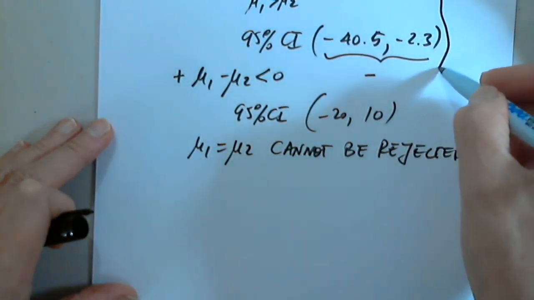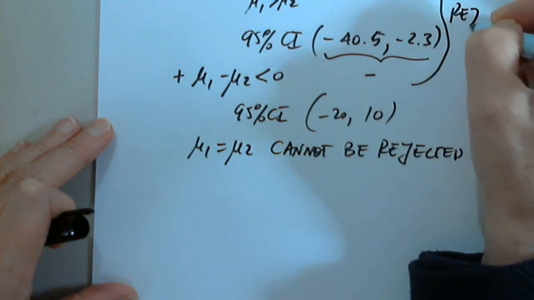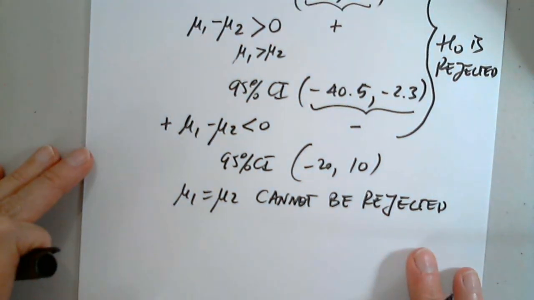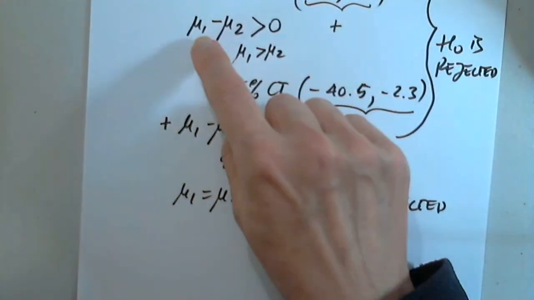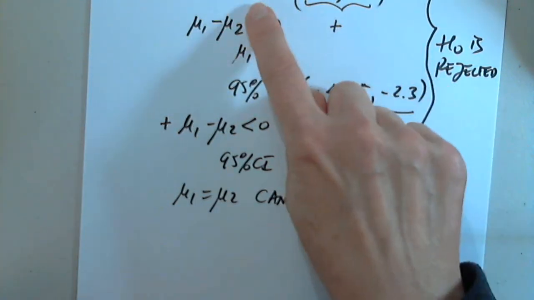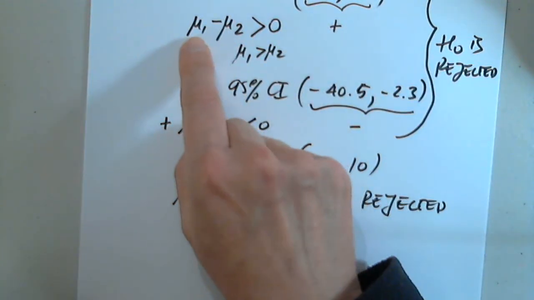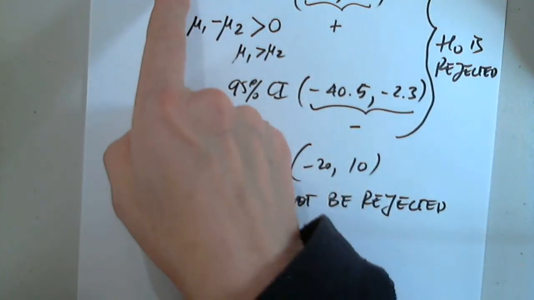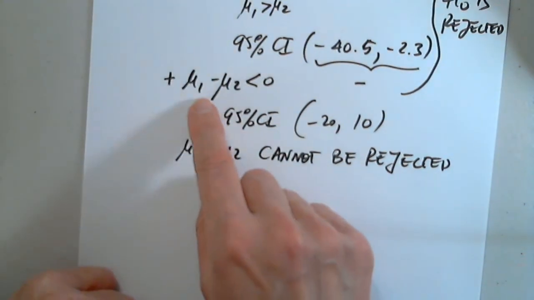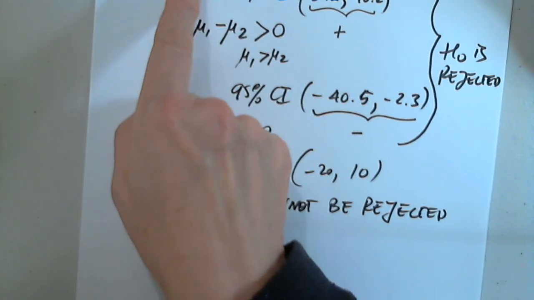Here, the null hypothesis is rejected, because the difference of these two is always positive, or appears to be, 95% confident. So I'm really telling you that this is bigger than this, not equal to, so reject.